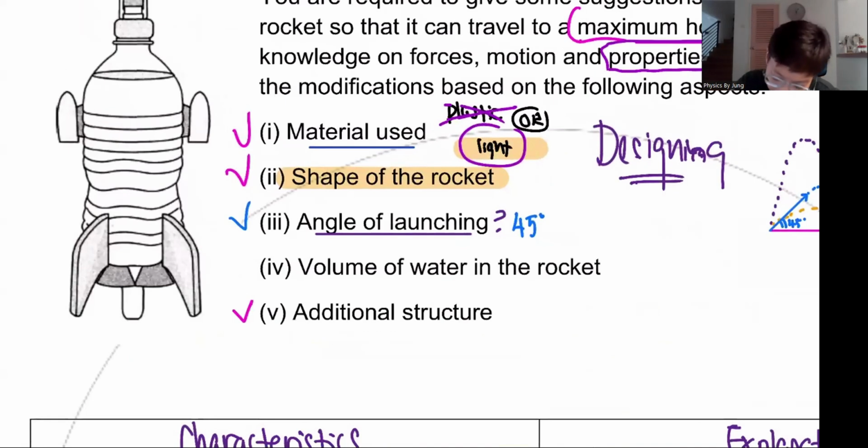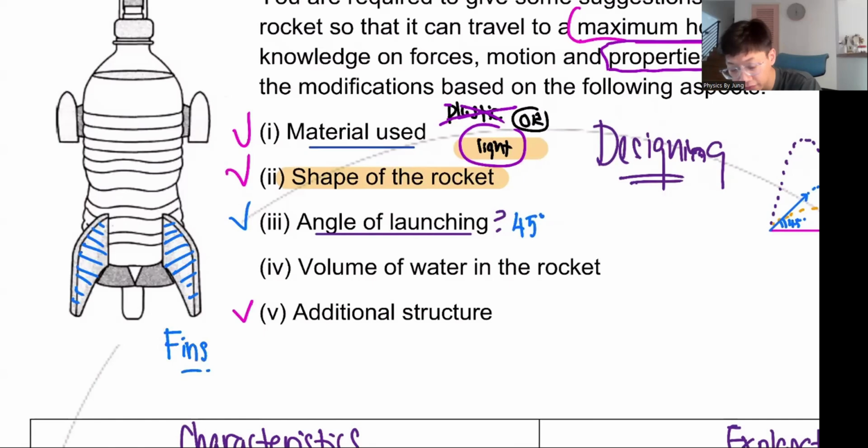Now, what do you call this, guys? Usually you can call that a wing, but to be more exact, we call it fins.